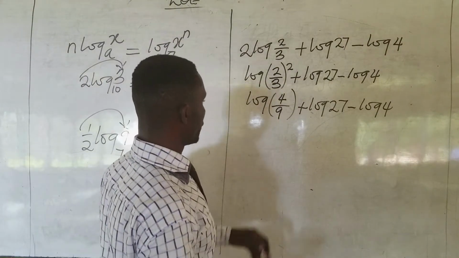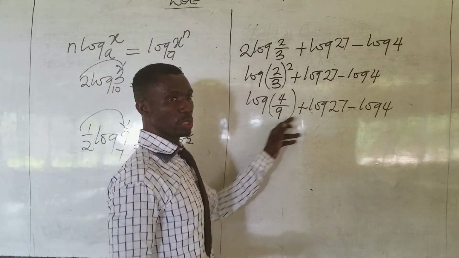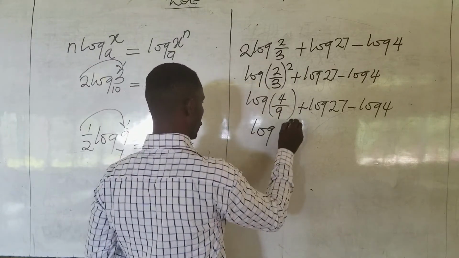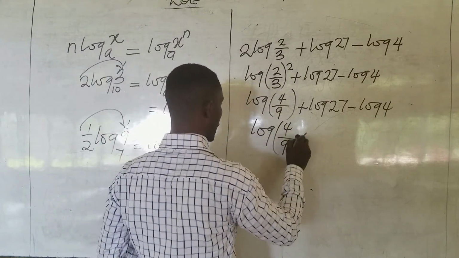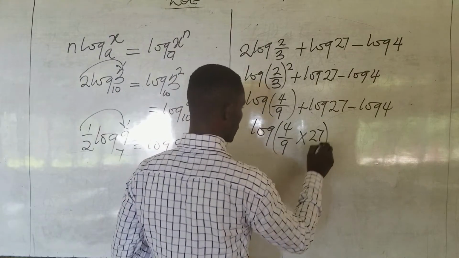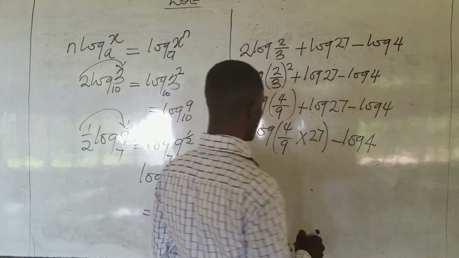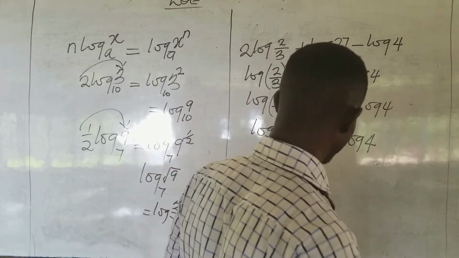Applying the log here, because we have a sum, it should be multiplication. It should be log of 4 over 9 times 27, then minus log 4. So let's simplify this.